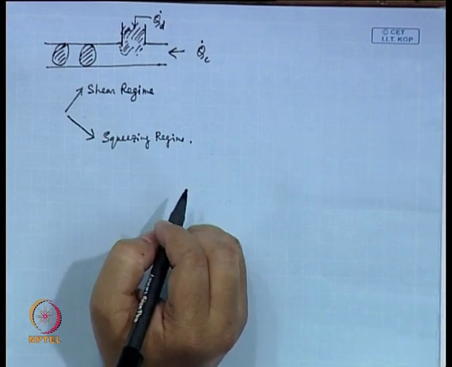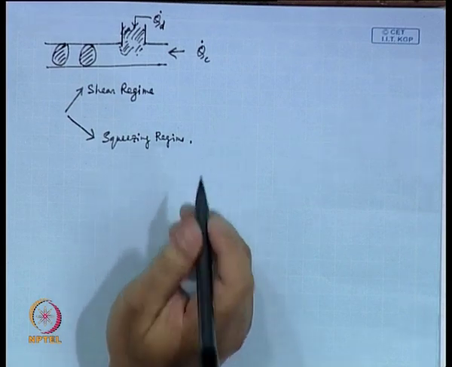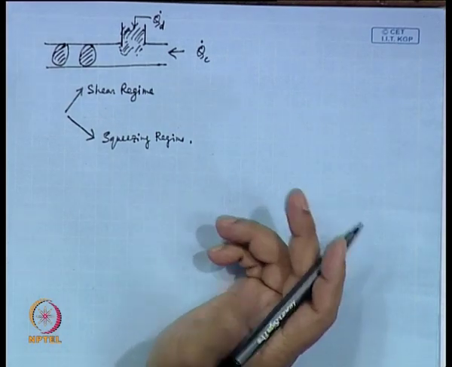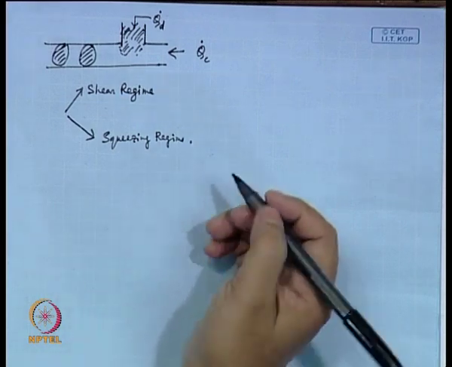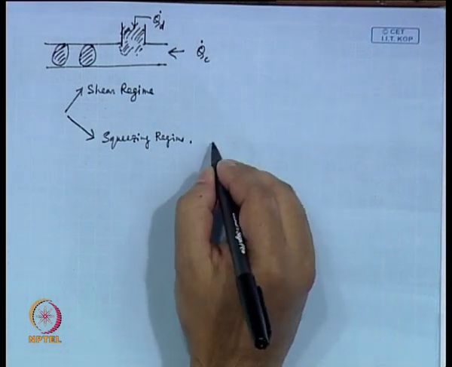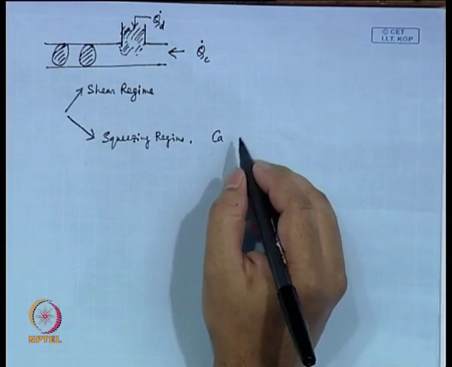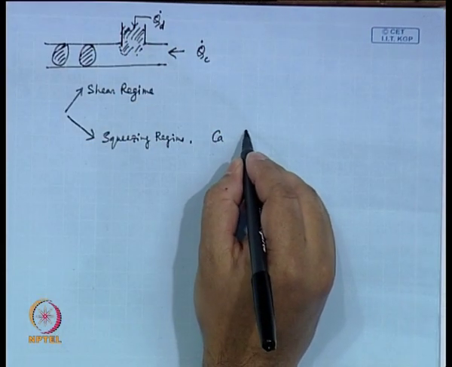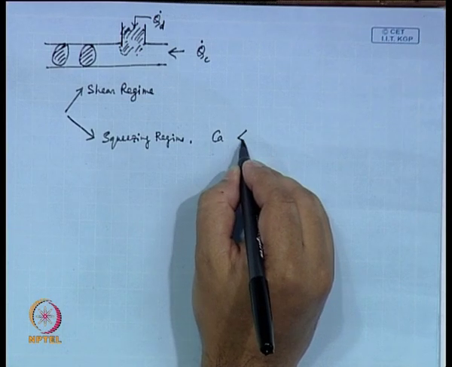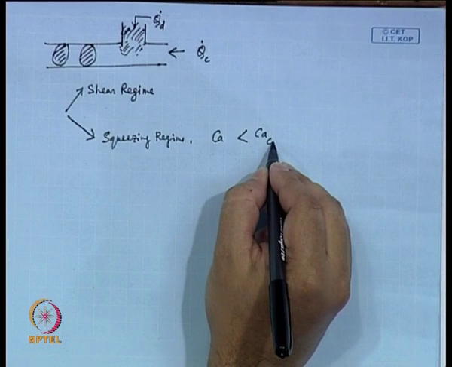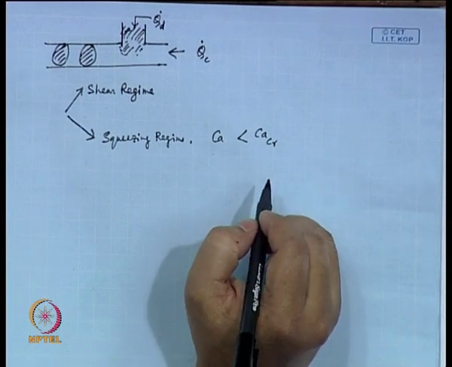And there is a critical capillary number which determines in which regime the formation of droplets occurs. If the capillary number of this whole formation process is less than the critical capillary number, then it would be a squeezing regime.